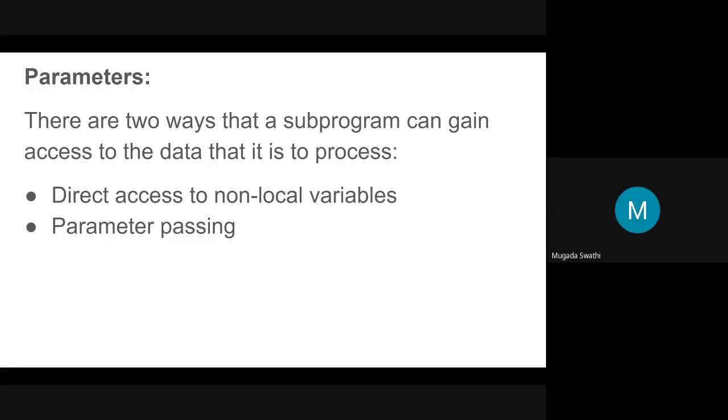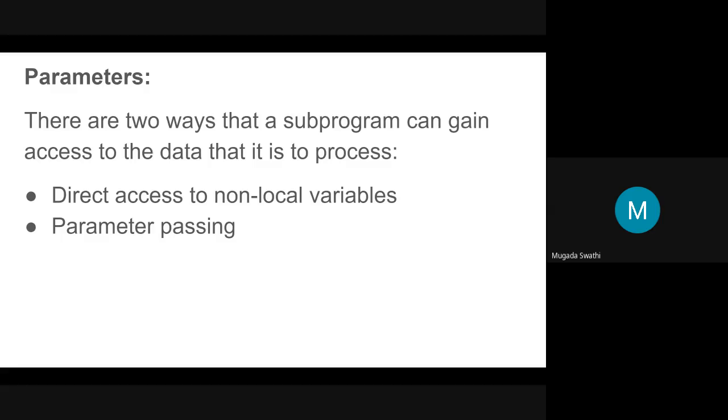There are two ways that a subprogram can gain access to the data that it has to process. One is through direct access to non-local variables, the other is parameter passing. In direct access to non-local variables, the declaration is made elsewhere but visible in the subprogram.